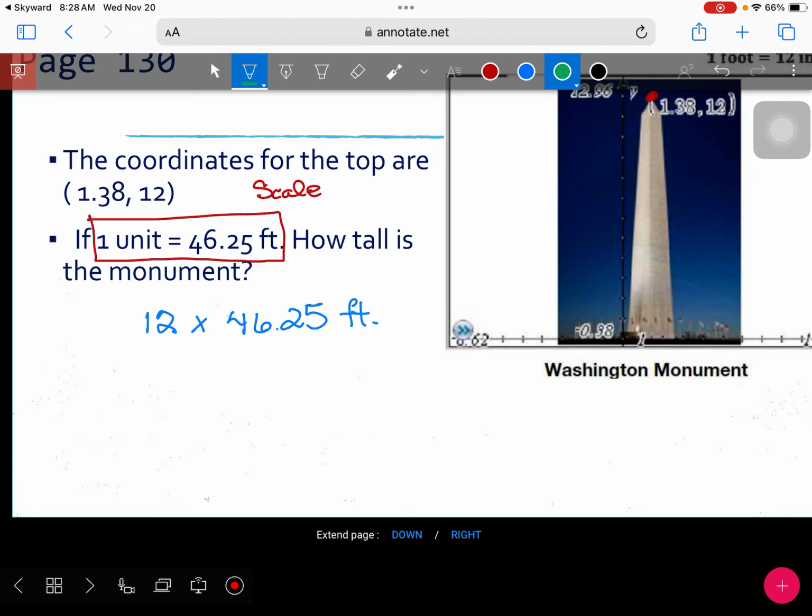Okay, so let's go ahead and multiply that. 12 times 46.25. If you've got a calculator, let's take it to the hundredths place. Hundredths place is 2 places out, but give me the 3 numbers past that decimal point. I need all of them, though, so the beginning part, too.